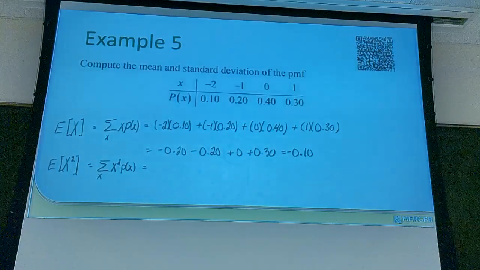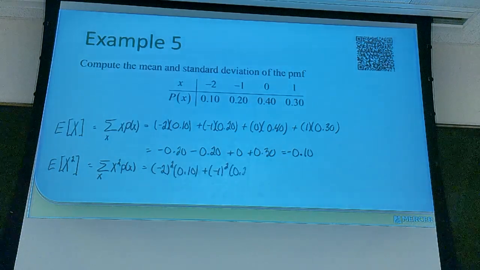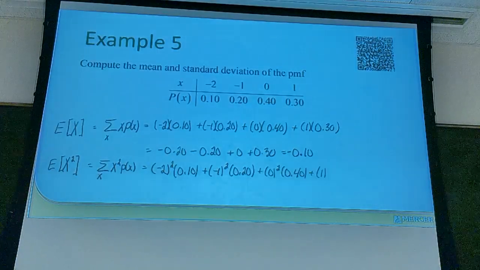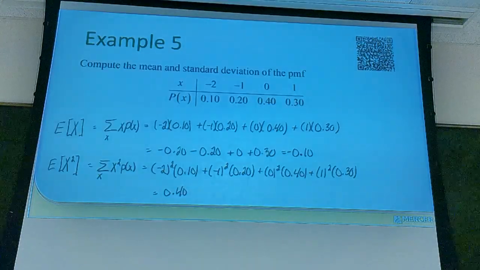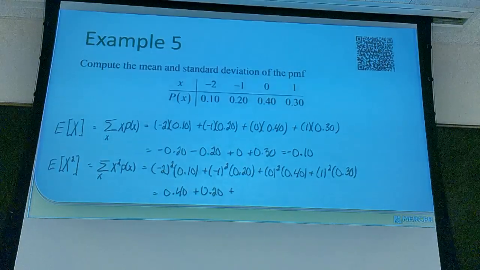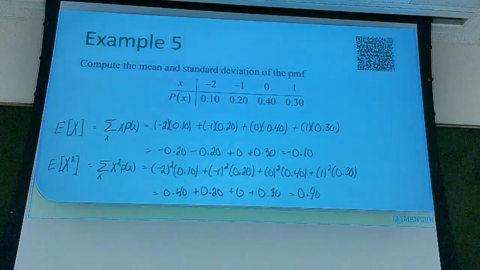And p of x is always positive, x squared is always positive. And 4 times 0.10, 1 times 0.20, 0 times 0.40, 0 times 0.30, 0.90.